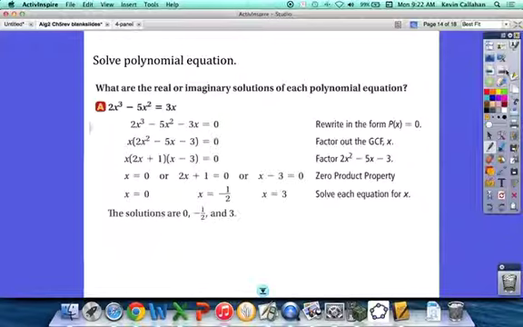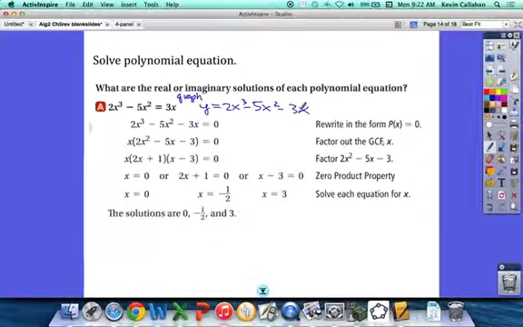How else could you solve that? How about graphing it? What if you put this in the calculator? Y equals, like graph, y equals 2x to the third minus 5x squared minus 3x.